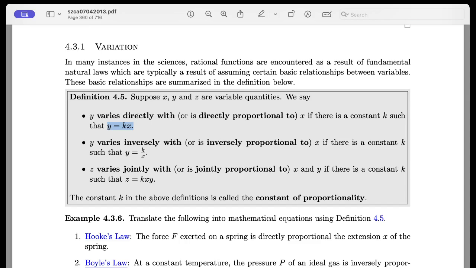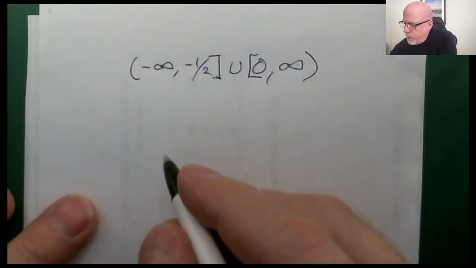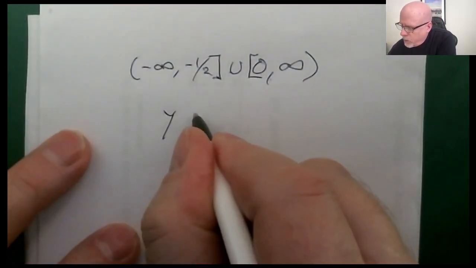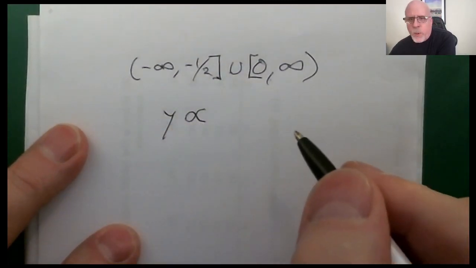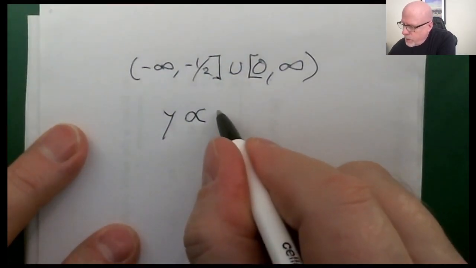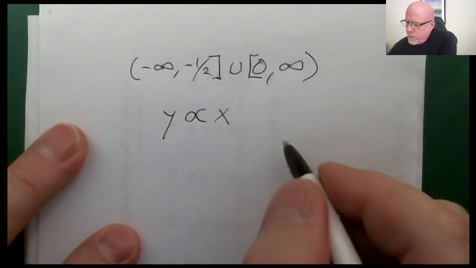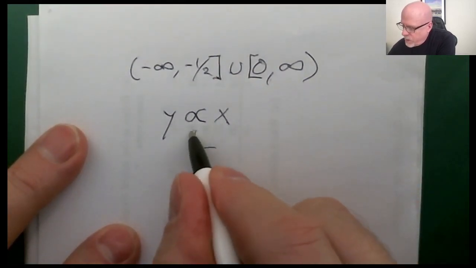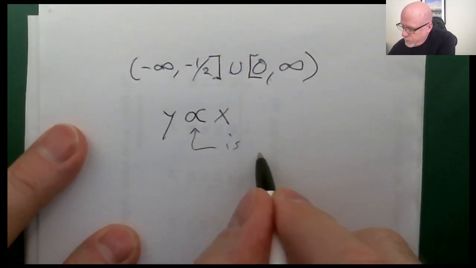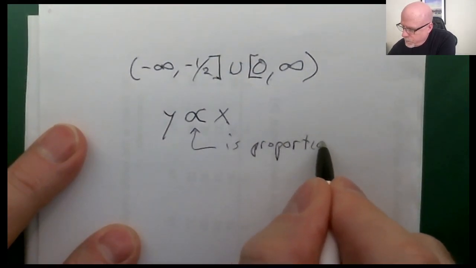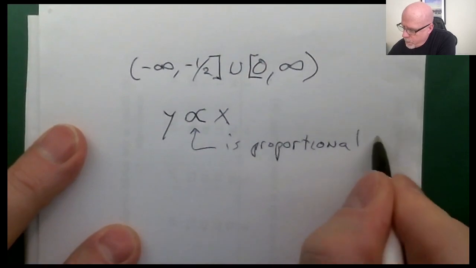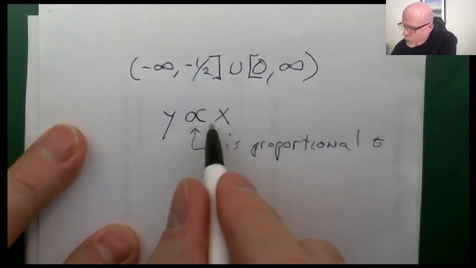Now, it's less common today, but you may still see this kind of thing written using a rather strange looking symbol. It's like an 8 on its side with a part of it open. So y, and this is read as proportional to x.